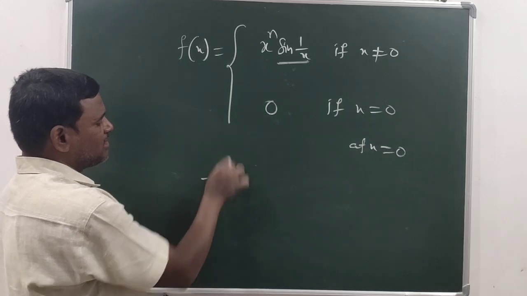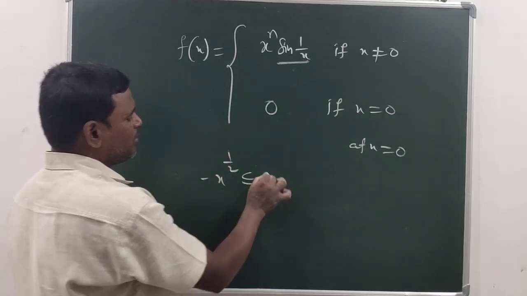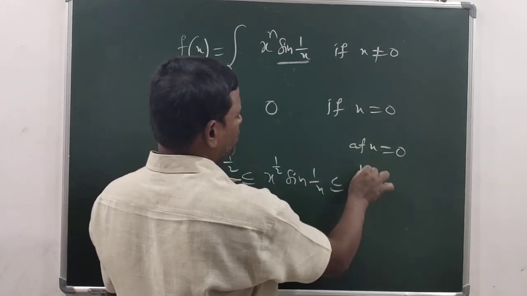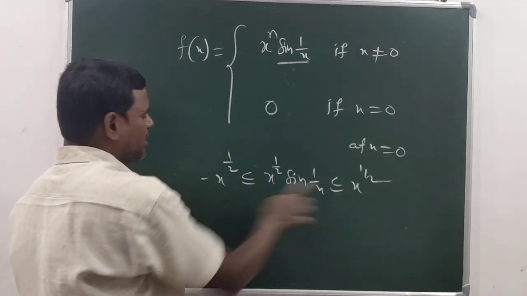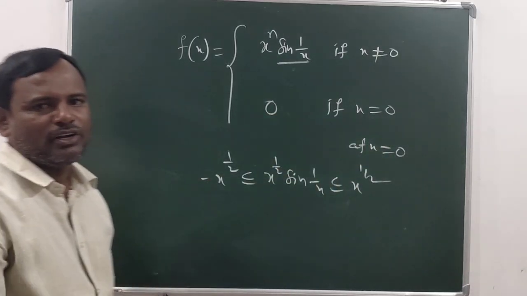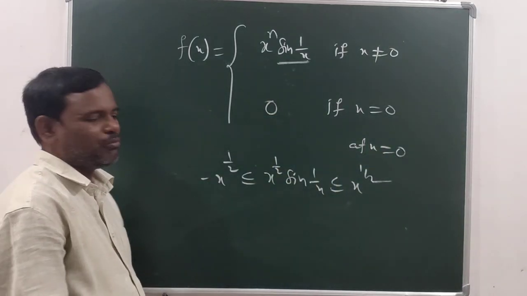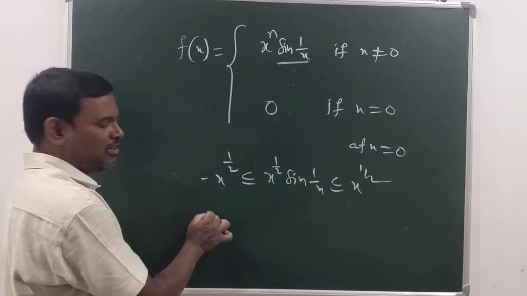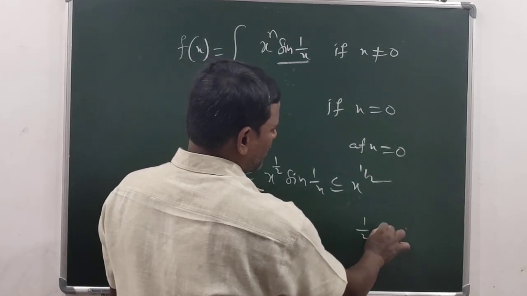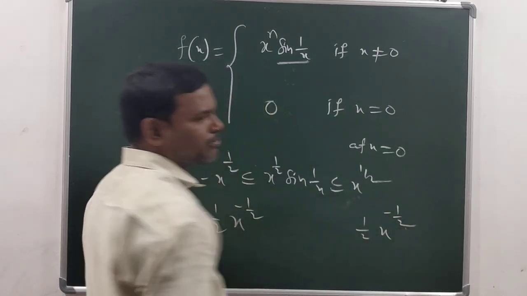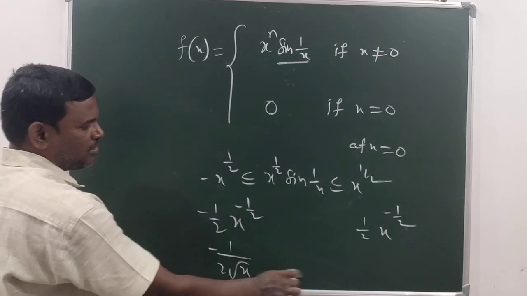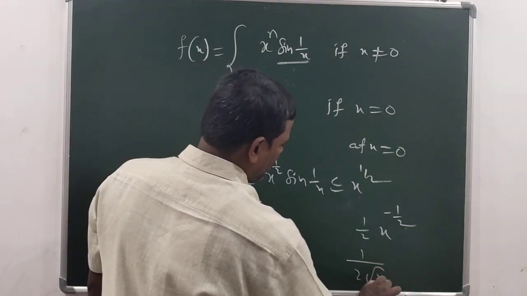So you get like this: minus x power 1 by 2 is less than or equal to x power 1 by 2 sin 1 by x, which is less than or equal to x power 1 by 2. Now it is continuous, because the left hand limit is 0, the right hand limit is 0, and the value of the function is 0. But it is not differentiable, because if you take the derivative of this, the left hand derivative is minus 1 by 2 root x and the right hand derivative is 1 by 2 root x.